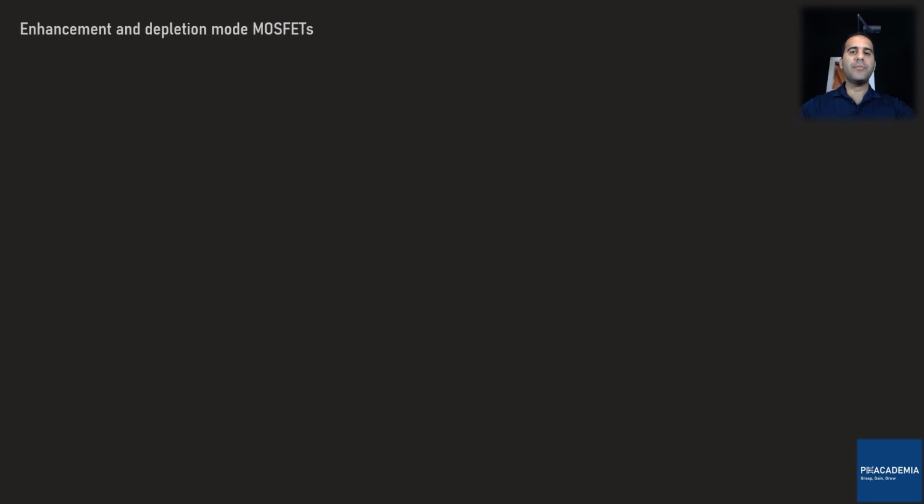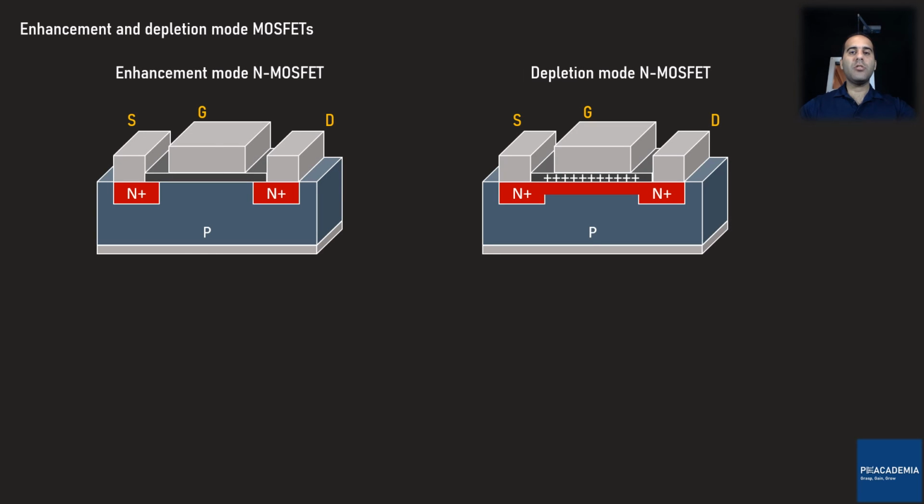I want to spend some time to talk about the enhancement mode and depletion mode MOSFETs. In terms of the structure, they are kind of the same. The main difference between enhancement and depletion mode MOSFETs is that in enhancement mode MOSFETs, the channel is not formed when unbiased. However, in depletion mode MOSFETs, the channel is already formed when unbiased.